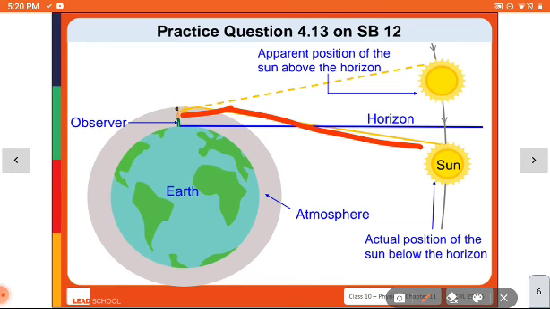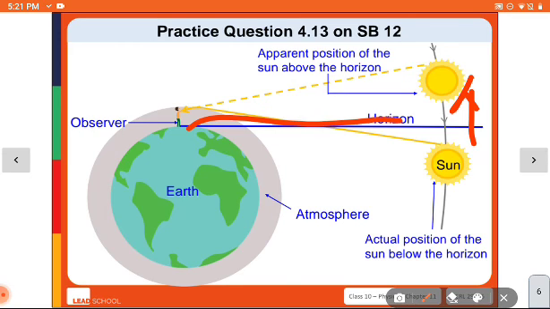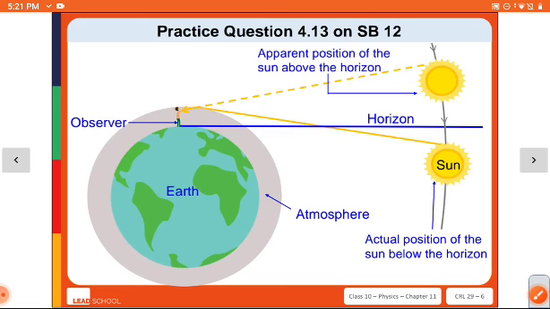This advance of sunrise is 2 minutes. And when the sun reaches the horizon, it is 2 minutes later than the apparent sun. So that is the horizon and that is an observer who observes the sun, and this is the same condition when the sun is going to set.